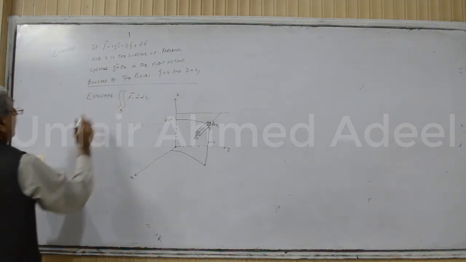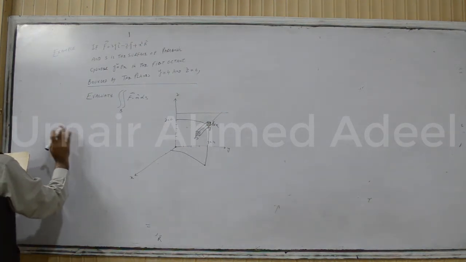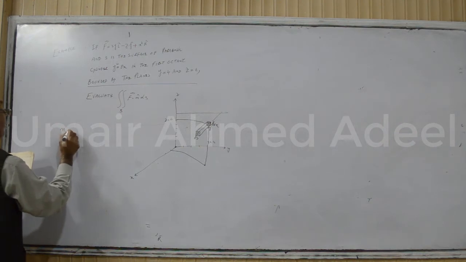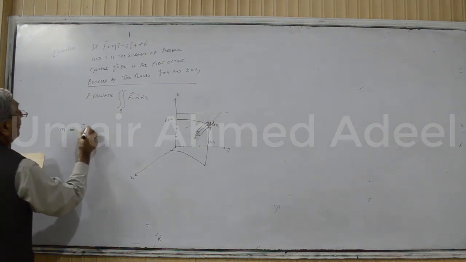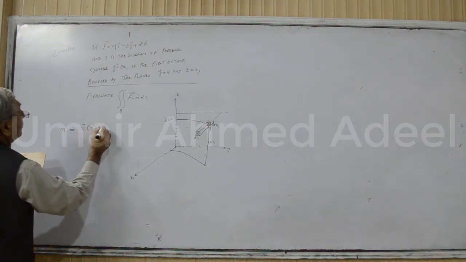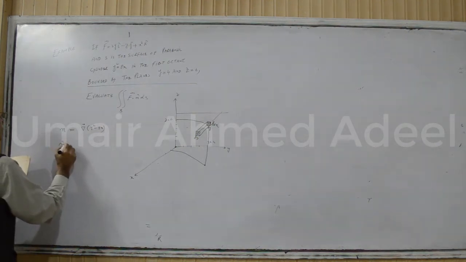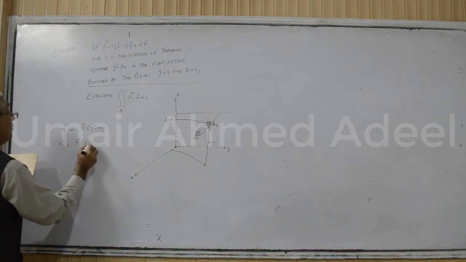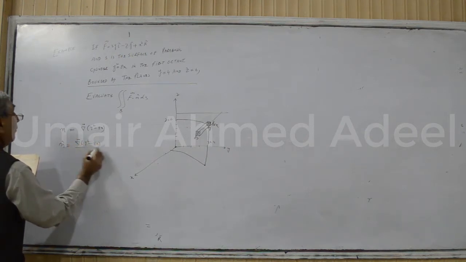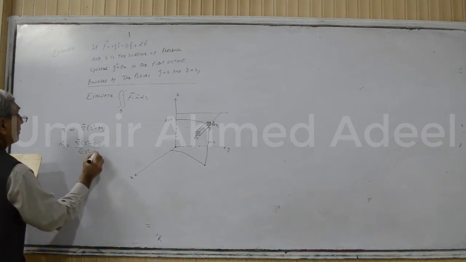Now first of all you will find the normal. The normal to the surface is equal to del of (y square minus 8x). You will find that, and the unit normal to the surface will be del of (y square minus 8x) divided by the magnitude of del of (y square minus 8x).